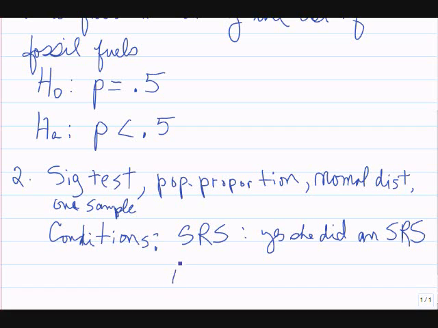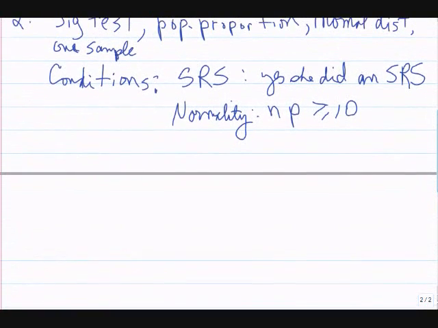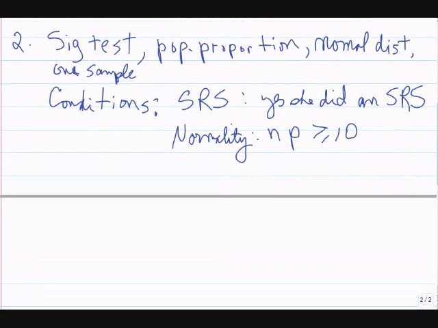But our check for normality needs to be that n times p is greater than or equal to 10, and n times 1 minus p has to be greater than or equal to 10.